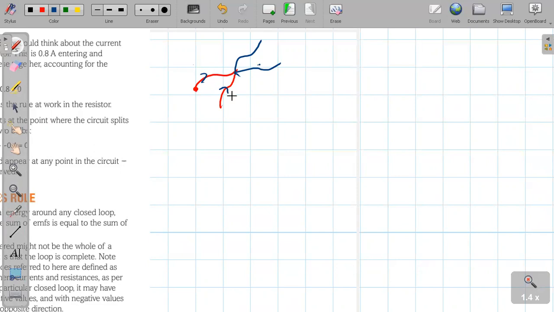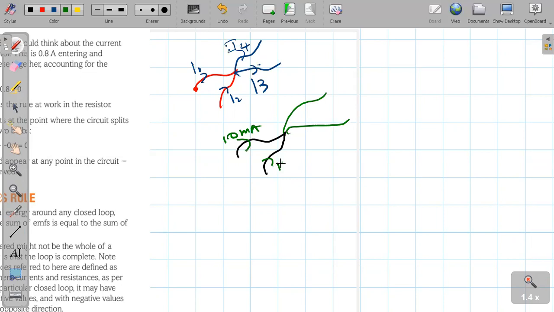This is like I1 and I2 and I3 leaving, and I4. I mark it like this. Now have a good look. I'll mark the same thing with some numbers: 10 milliampere, 10 milliampere, then 15 milliampere, and here 30 milliampere.